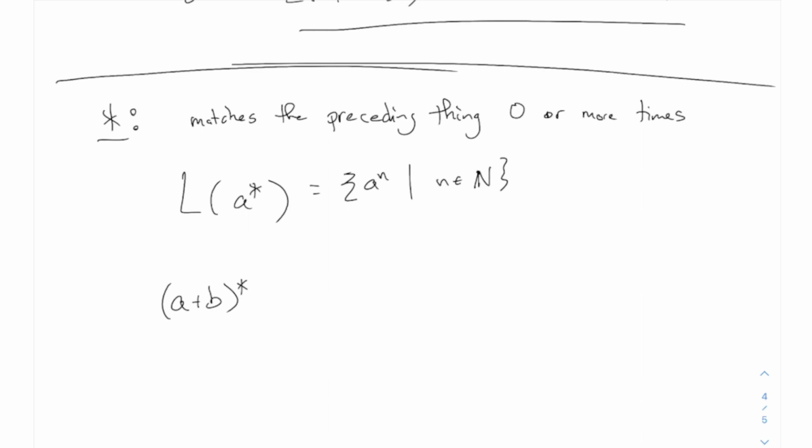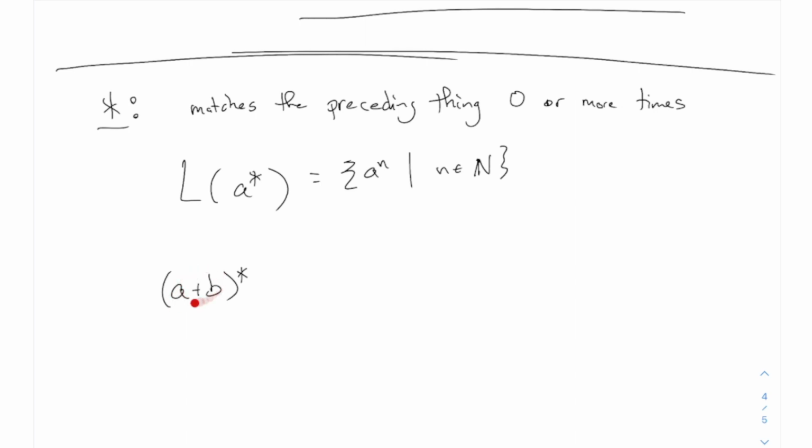What's inside the parentheses is just A or B. The interpretation of the star is you can do that thing as many times as you like, where that thing is an A or a B, and you can do it again and again and again. It's a little bit different. So this matches any string made of A's and B's. It could be that, but it also could be like this.